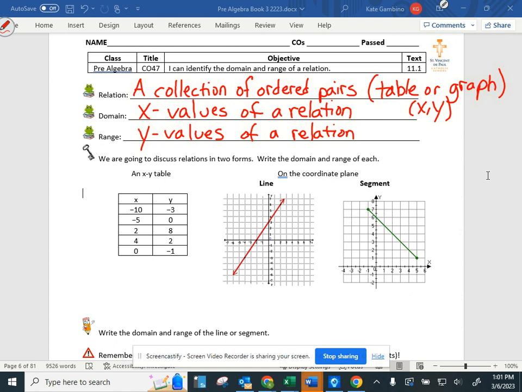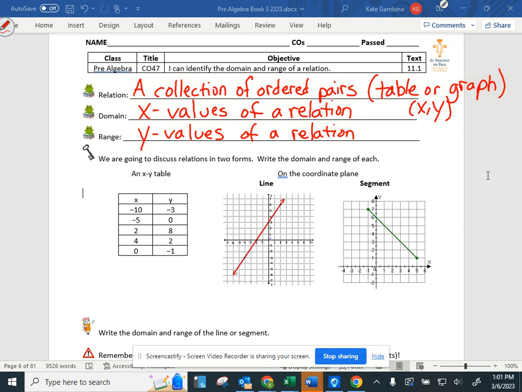When we have that function table, we have multiple ordered pairs listed in there, right? So when we look at that relation, you have that whole collection of ordered pairs. Like your function table, you have that collection of ordered pairs that we would take out of our function table. The input side, the output side, the x, the y.